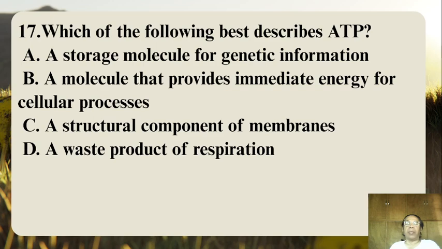Which of the following best describes ATP? Letter A, a storage molecule for genetic information. Letter B, a molecule that provides immediate energy for cellular processes. Letter C, a structural component of membranes. And letter D, a waste product of respiration.